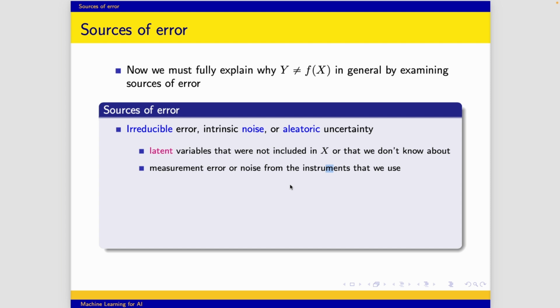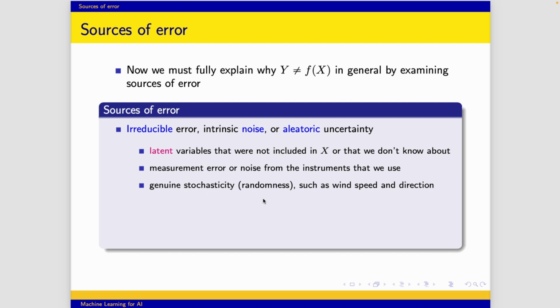And some quantities are just inherently much more difficult to measure with precision. So this is another source of error, and that relates to measuring the quantities that we're interested in, the inputs or the outputs, whatever they are, or controlling them. If we want to control temperature, we might be able to control it to within only 2 or 3 degrees. We might not be able to control it perfectly.